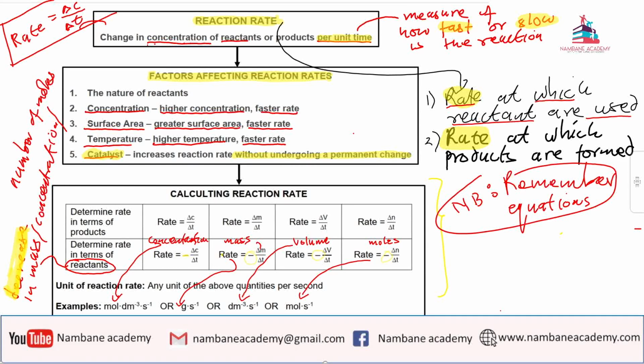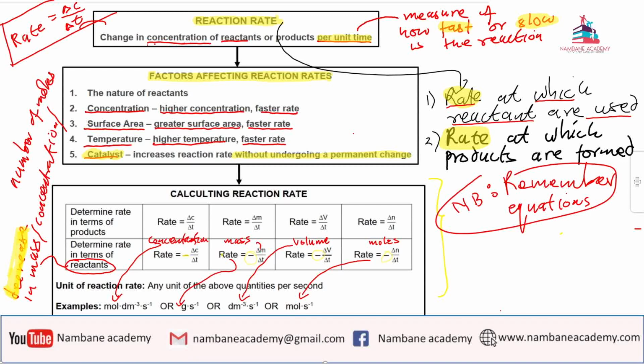So it basically says we do not have a standard SI unit for the rate of reaction, but the rate of reaction is influenced by concentration, mass, volume, or moles in terms of the calculations that we want to perform. So be on the lookout. What is it that the examiner is actually requesting you to do in terms of the calculations thereof?